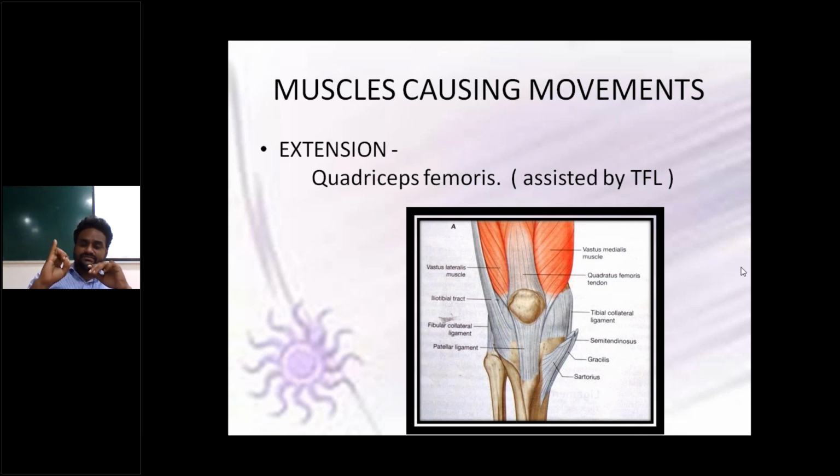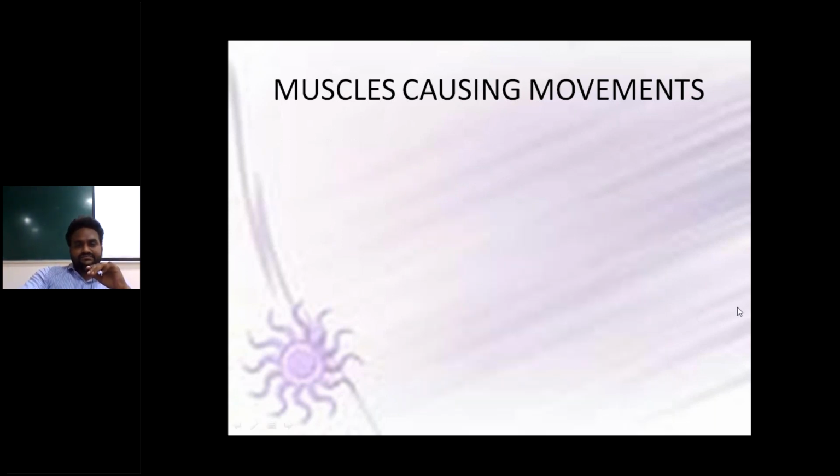Rectus femoris, vastus medialis, vastus lateralis, and vastus intermedius. So 3 vasti muscles and rectus femoris. These 4 have a common tendon, called the conjoint tendon, that is the tendon of the quadriceps femoris. So this quadriceps femoris is the chief extensor of the knee joint.